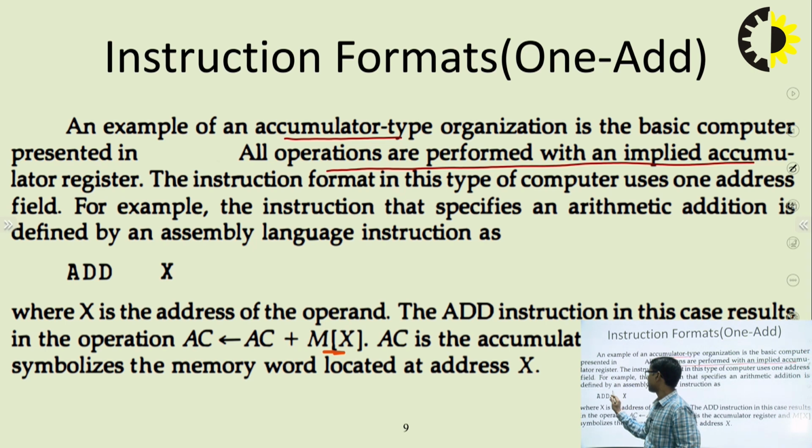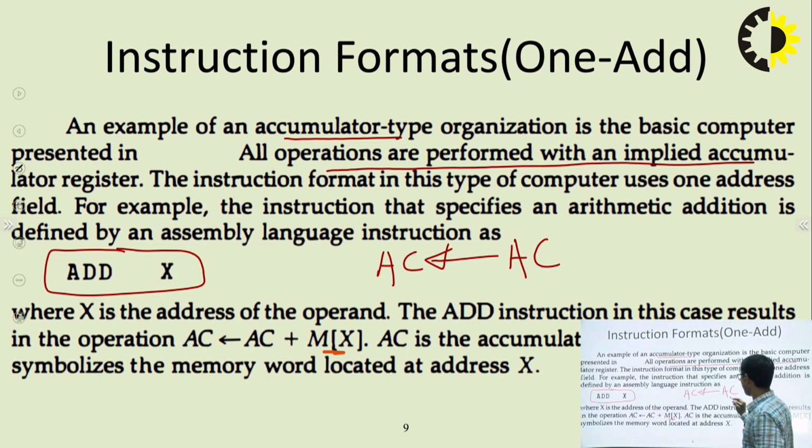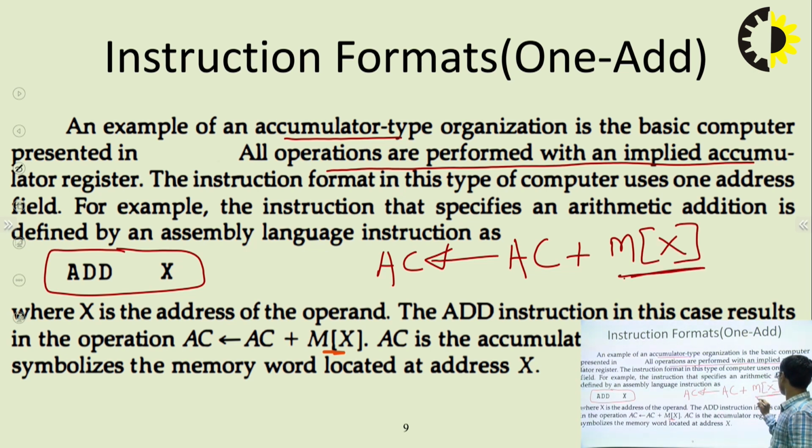Okay. So, consider this example, add X. What will happen at this stage? The accumulator content is updated with the addition of the accumulator and the data available at memory location X. So, this is an explicit notion and this is the implied notion.